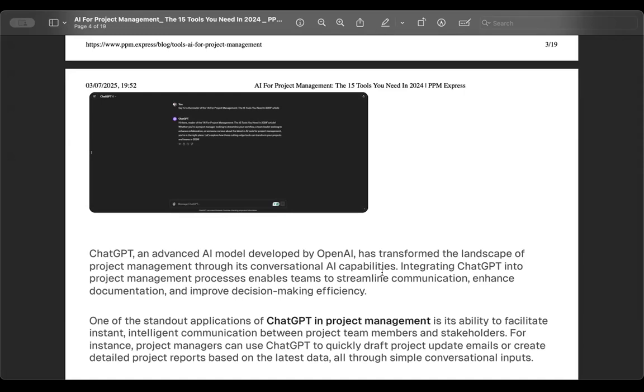So ChatGPT, an advanced AI model developed by OpenAI, has transformed the landscape of project management through its conversational AI capabilities.